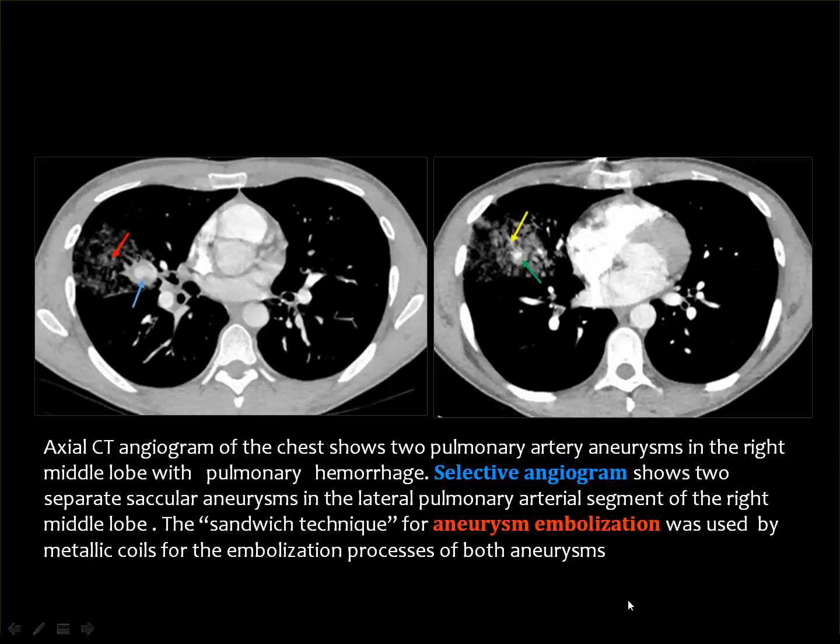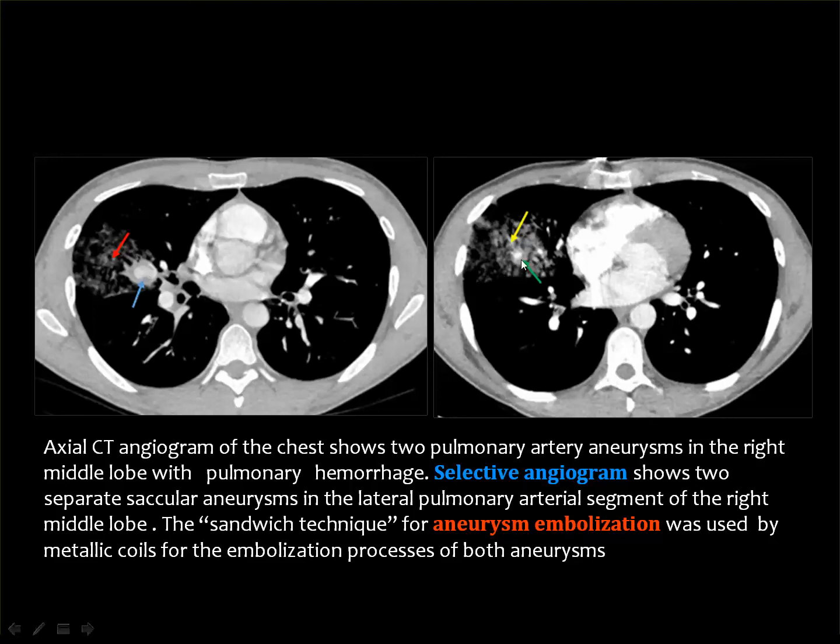Then if you see an aneurysm like this and you got some opacification of the pulmonary parenchyma adjacent to the aneurysm, then there are one of two possibilities for this appearance.